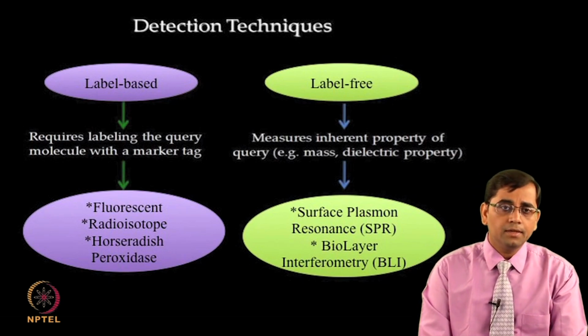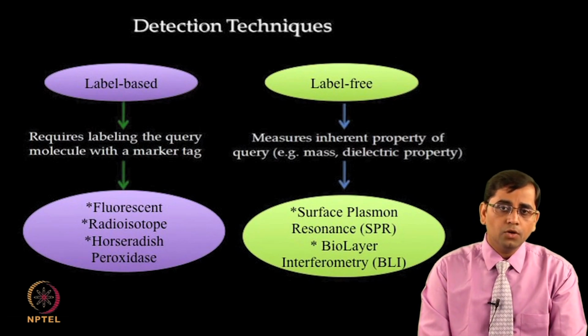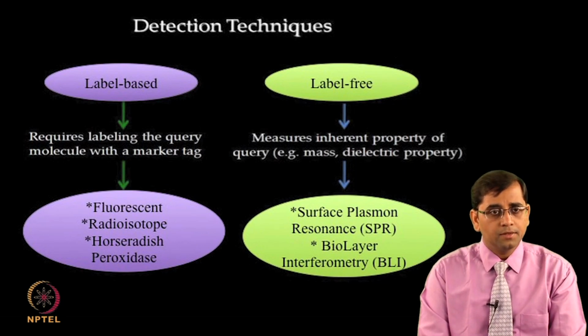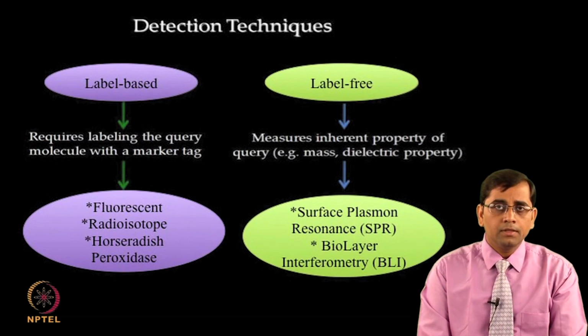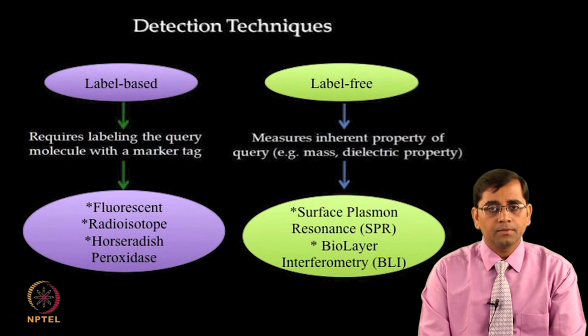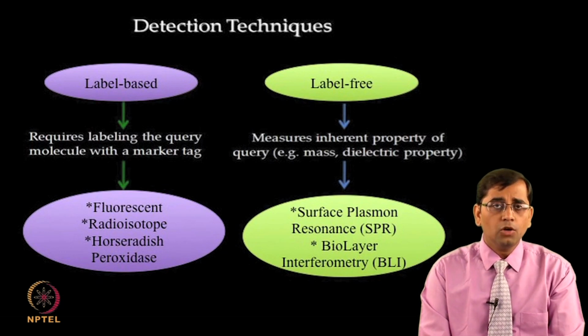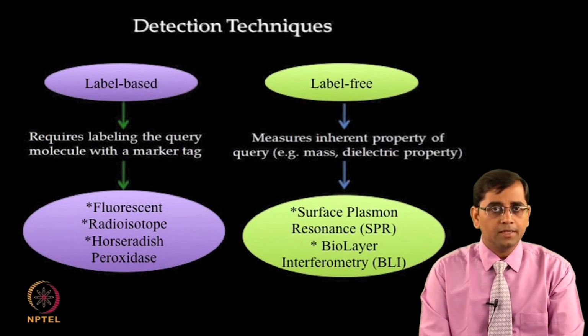On the other hand, label-free techniques measure the inherent property of the query molecules, for example, the mass, dielectric property, etc. There are various label-free techniques that are emerging and some of the most promising ones include SPR, BLI and carbon nanotubes and different types of nanotechnique based biosensors.